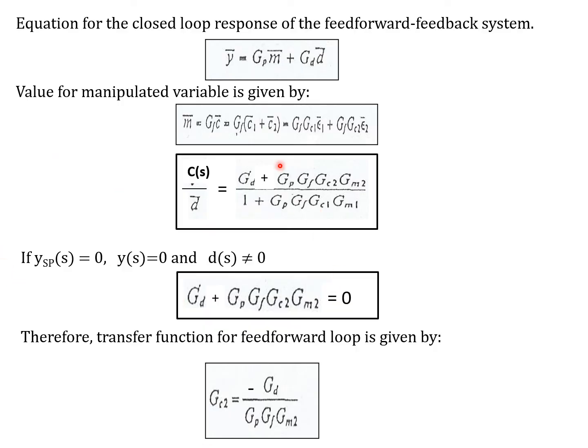In this case, you'll have the normal equation for this one, y equals gmd and so on, and you can define the variables for both parts, the feedforward part and the feedback part, and then you can design the c over d in this form.